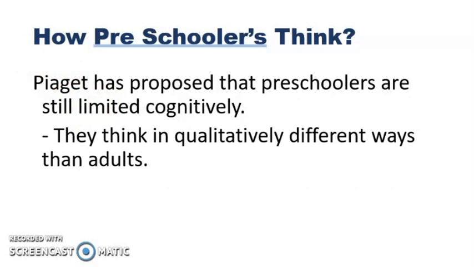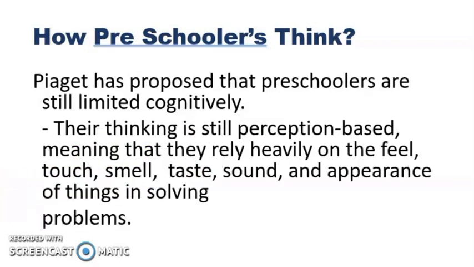Piaget has proposed that preschoolers are still limited cognitively. Of course, they are of the very young age, and their cognitive structure is not yet fully established. So they think in qualitatively different ways than adults. They are more of description, characteristics. They are observing things, and based on that, they build upon their cognitive structure.